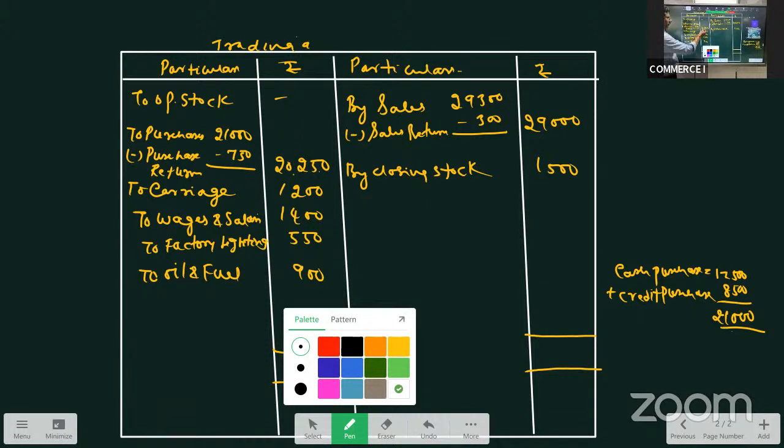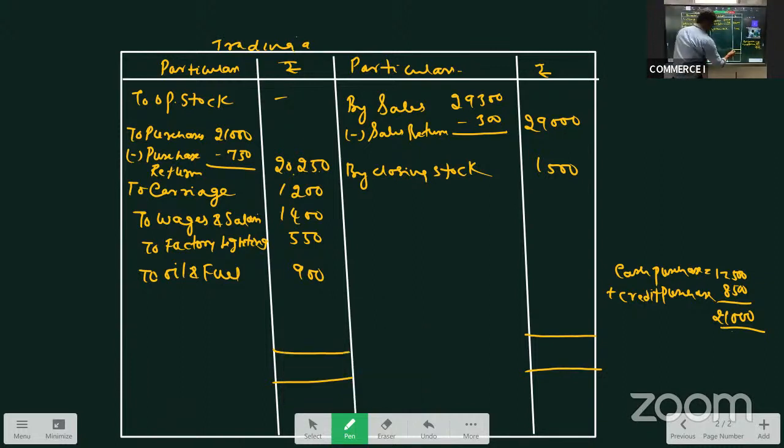Opening stock is not given, 20, 21, 22. The total on the credit side is 31,500.